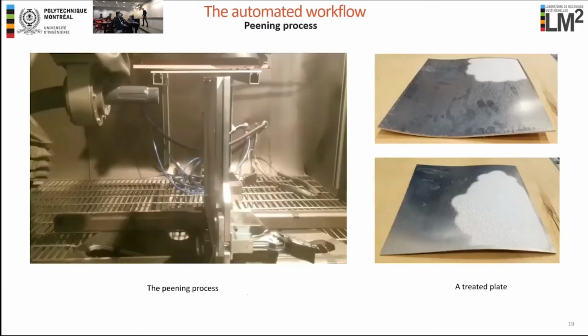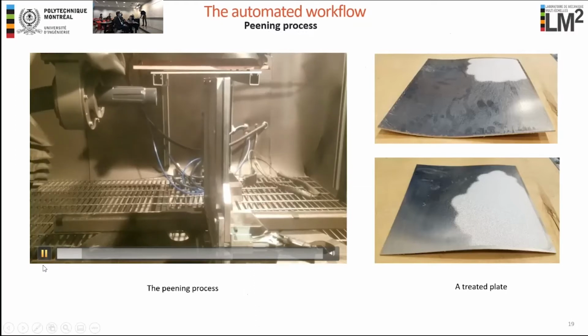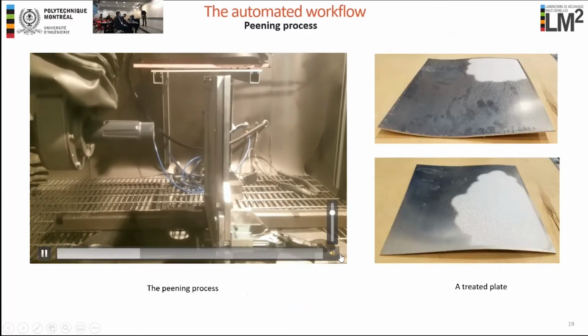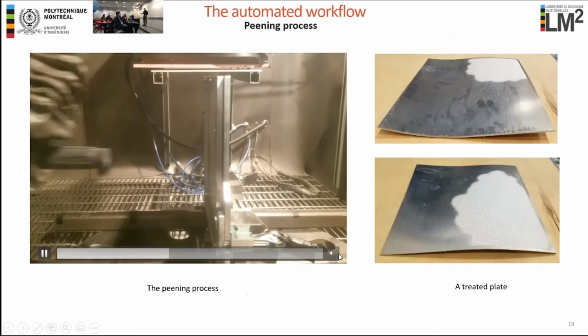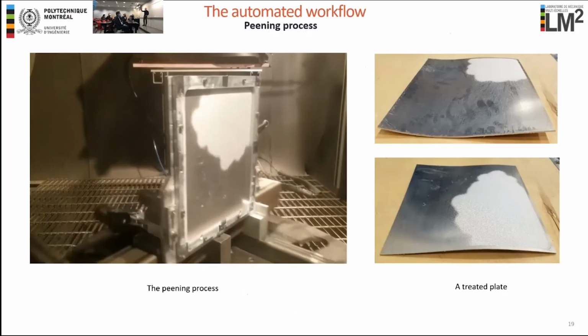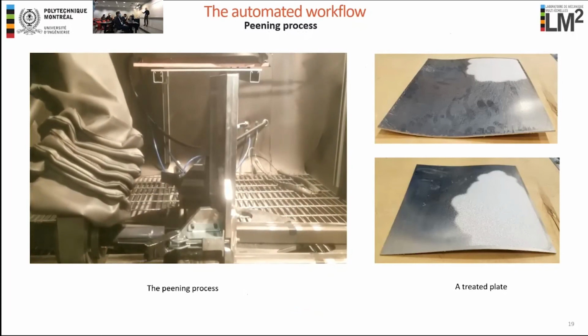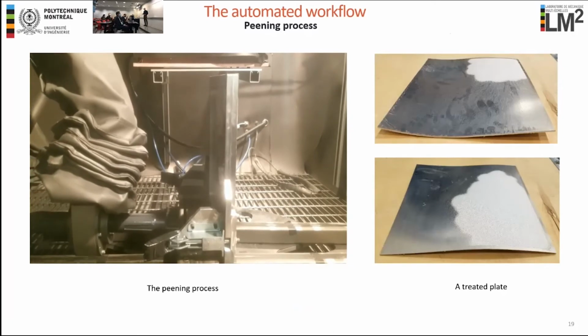And here we can see the automated pin forming process in action. There is a robotic arm moving according to the trajectories. Then the panel turns by 180 degrees, and the robotic arm continues treating on another side.